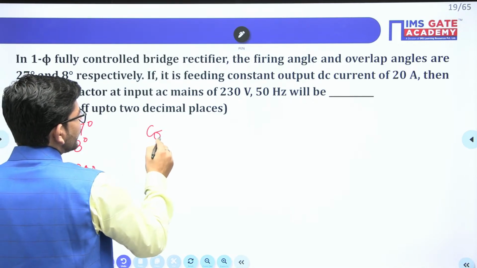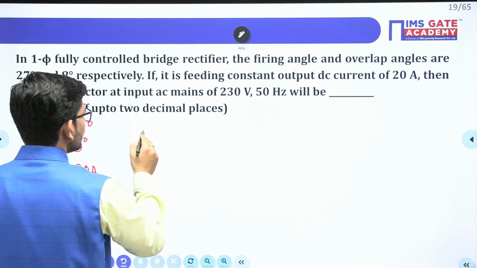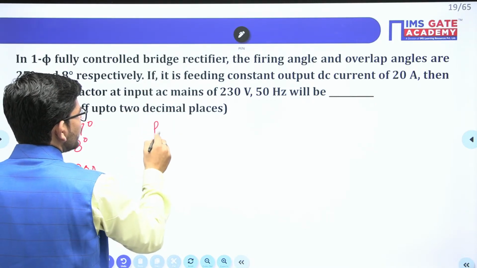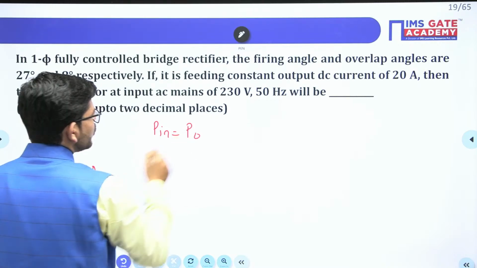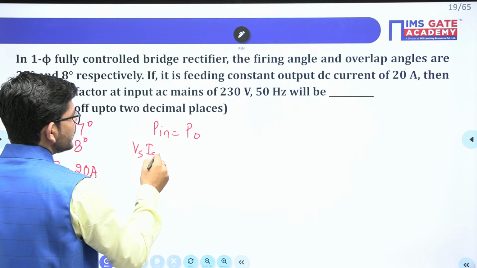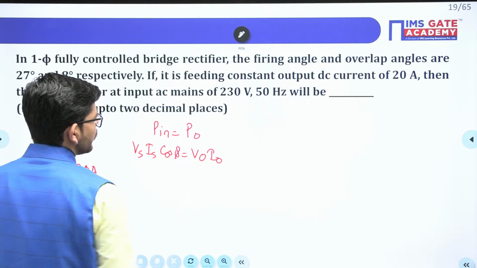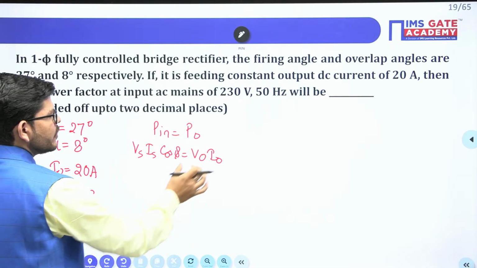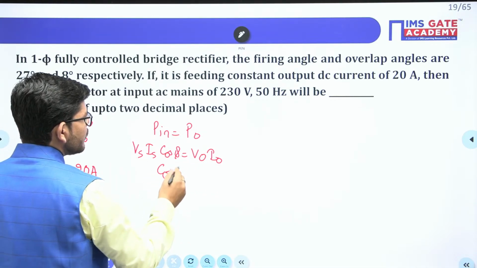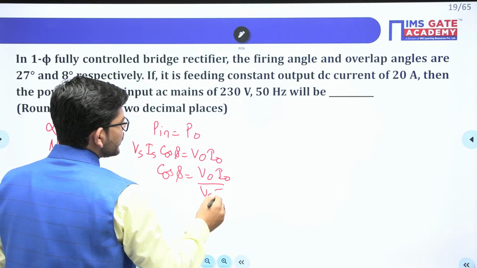So how do you calculate the power factor here? If the input power equals the output power delivered, then Vs Is cos phi equals V naught I naught. Vs and Is are RMS values and V naught and I naught are average values. So cos phi will be V naught I naught upon Vs into Is.